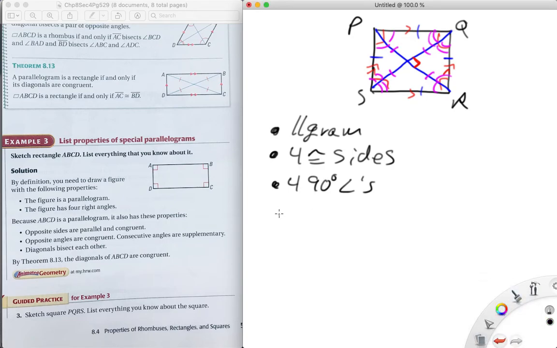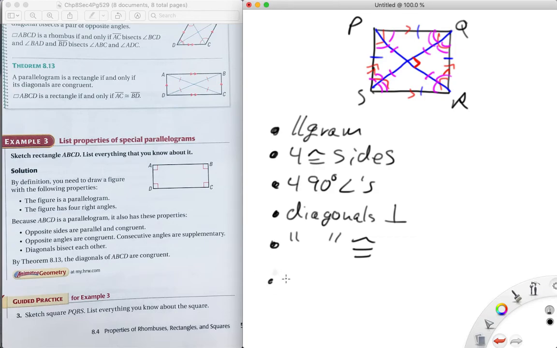So 4 90-degree angles. Diagonals are perpendicular. Diagonals are congruent.